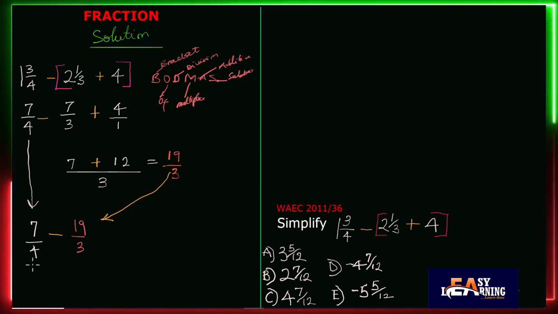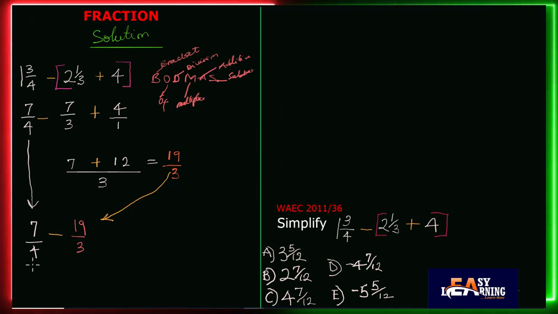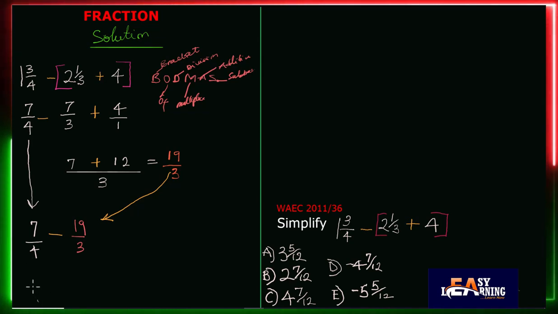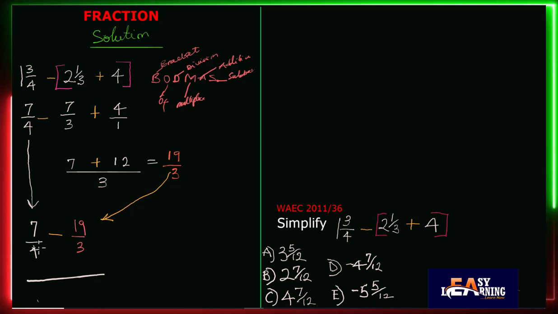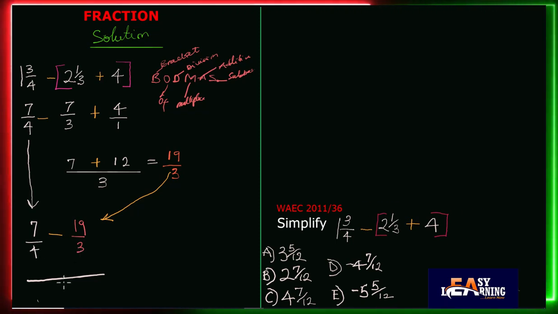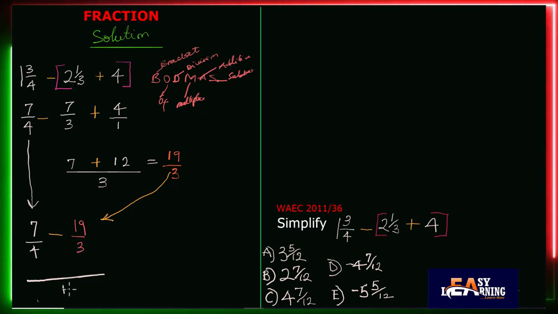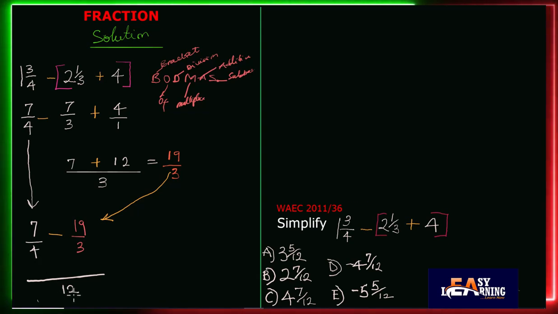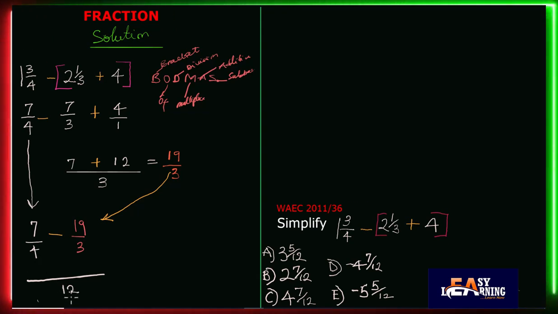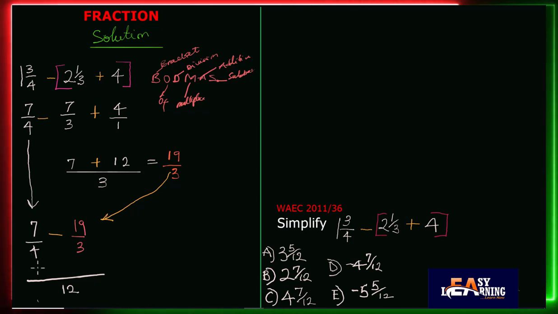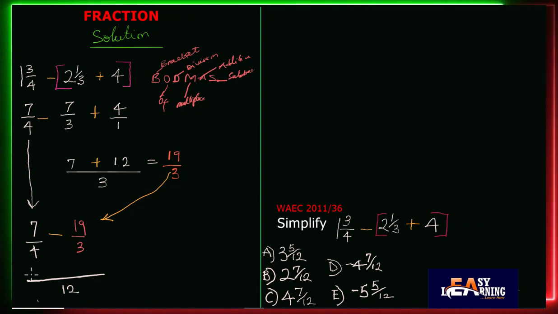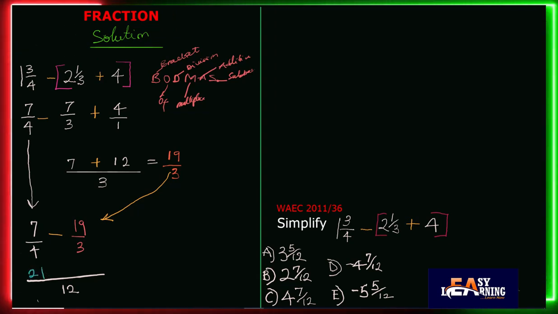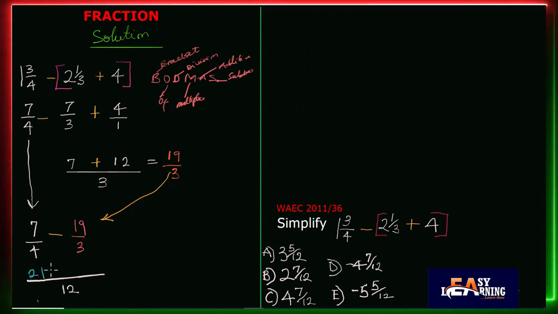The LCM of 4 and 3 will give us 12. So here is 12, and 4 comes into 12 how many times? 3 times. Now 3 times 7 here will become 21, and then we bring down our subtraction sign.